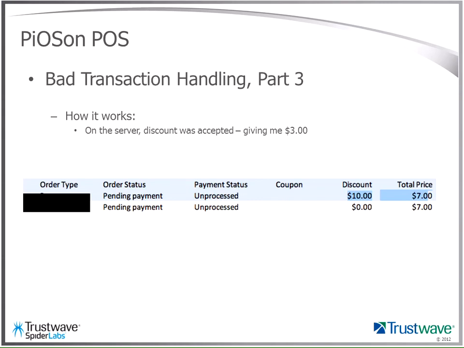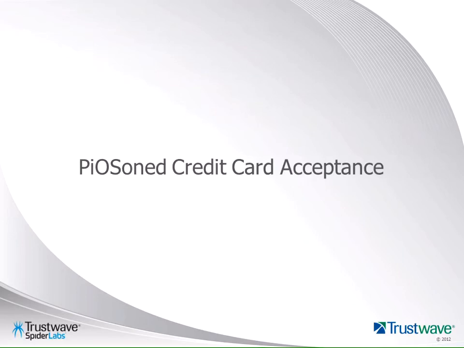This is very common in a lot of mobile applications, but for a point-of-sale application to do basically what we call trusting user-supplied data in order to make pricing decisions was ridiculous. So here's the big one. Let's talk about how PiOSoned did credit card acceptance.